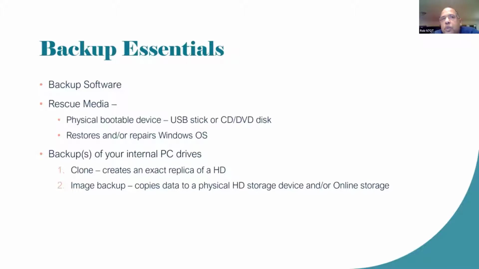It gives you a bare bones Windows operating system, as well as the backup software on a bootable stick or a drive. With a rescue media, you can try to repair your operating system if there's been a crash, or you could basically boot off of this disk and have a bare bones Windows operating system.